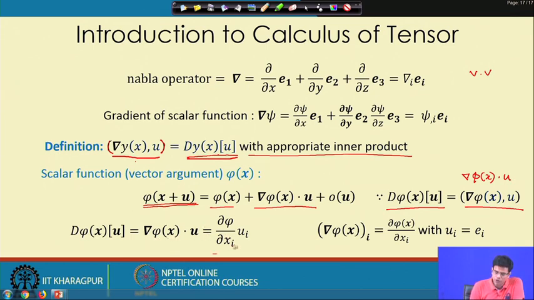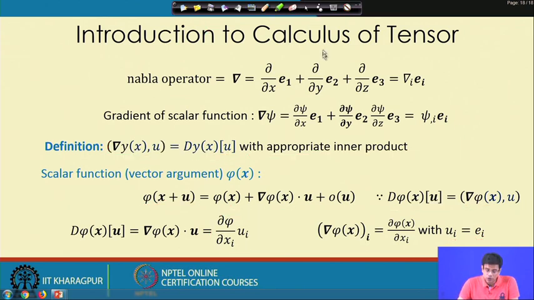If I write it in component form, I can find the gradient very easily, which is essentially the component form del phi of x with xi. How can I find it here? This is essentially if I take u i as e i, because e i's are the unit vectors along the x direction, y direction and z direction.